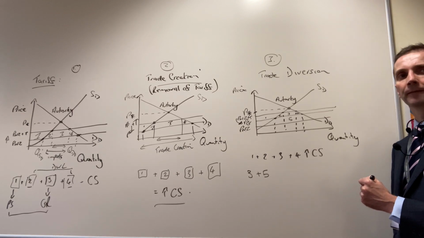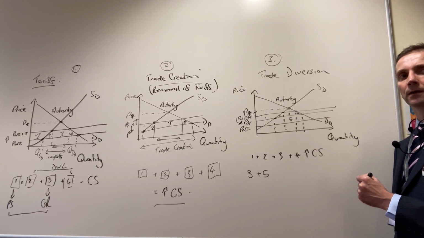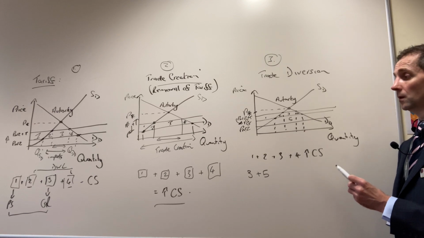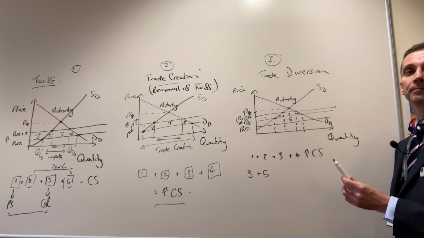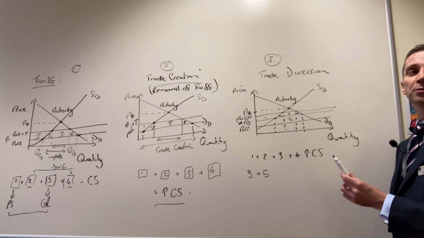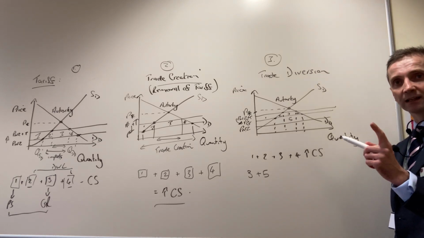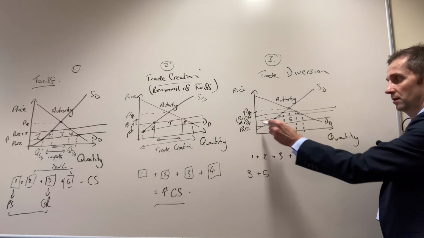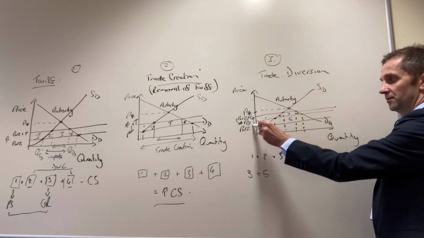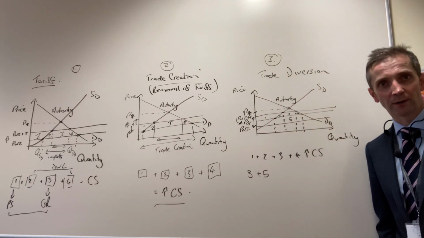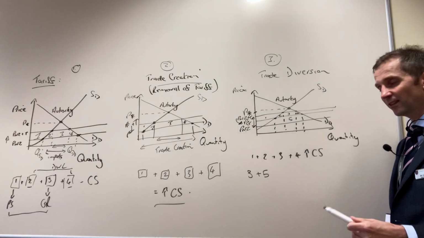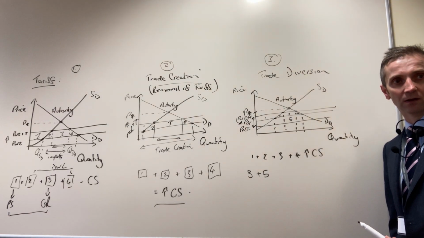Isn't it because of the tariff, and we're no longer buying from New Zealand, so we're losing 3 and 5?